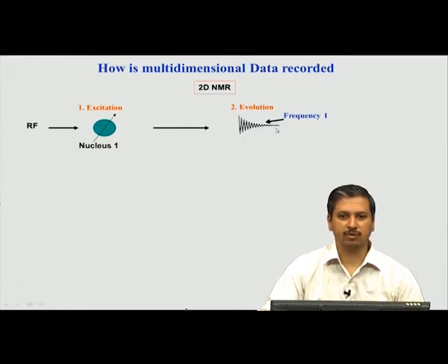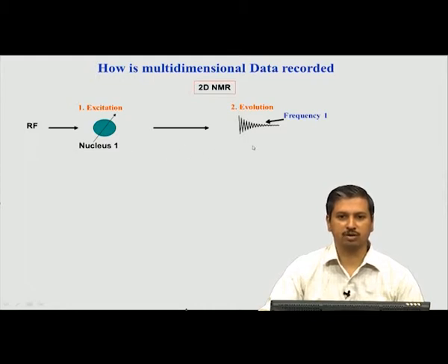We allow it to do that, and during that period we use the word evolution. So, we say that the chemical shift, which is oscillation, is evolving, meaning it is happening in time. Now, during that period this nucleus 1 may be coupled to another nucleus by J coupling.